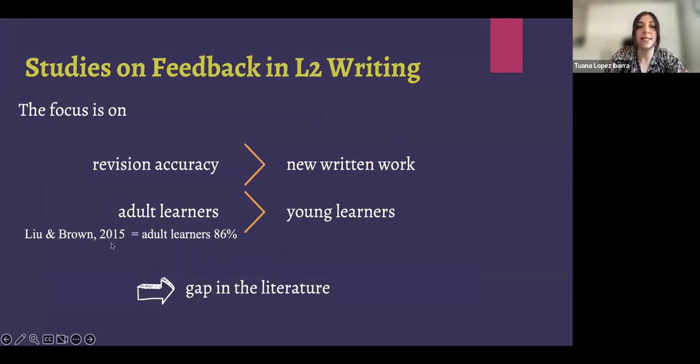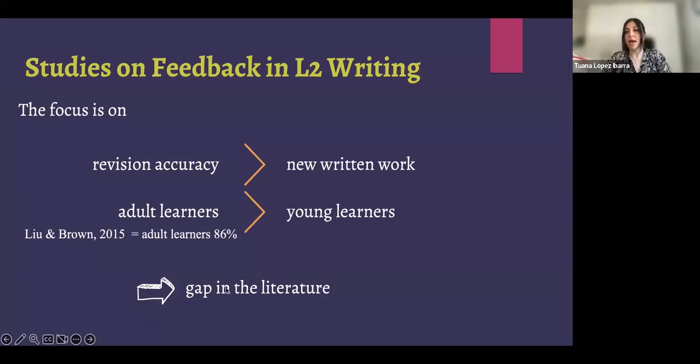Even in a study conducted in 2015, they mentioned that 86% of the studies in the literature were conducted with adult learners. So these findings show us that there's a gap in the literature, both in the young learners context and in the feedback impact on new written work of young learners.